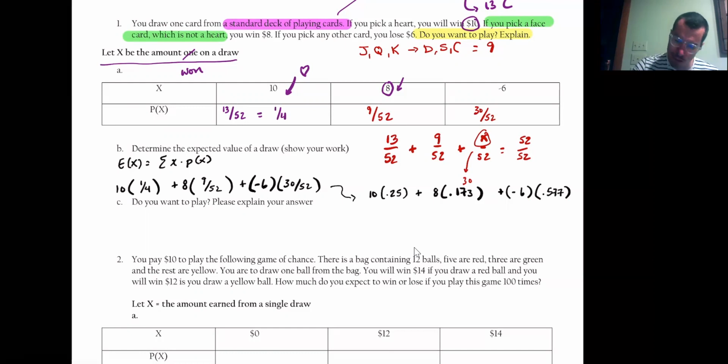Once I do this, that first one is easy, 2.5, plus 0.173 times 8, which is 1.384. I'm adding a negative, so that's a minus 3.462. When I find that sum, I get a total of 0.422.